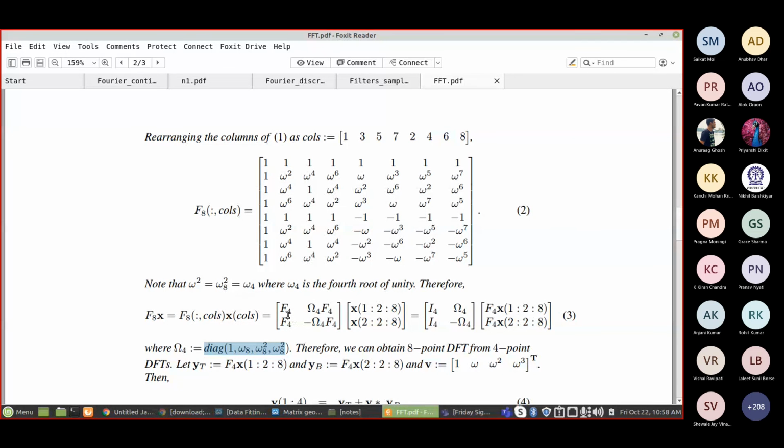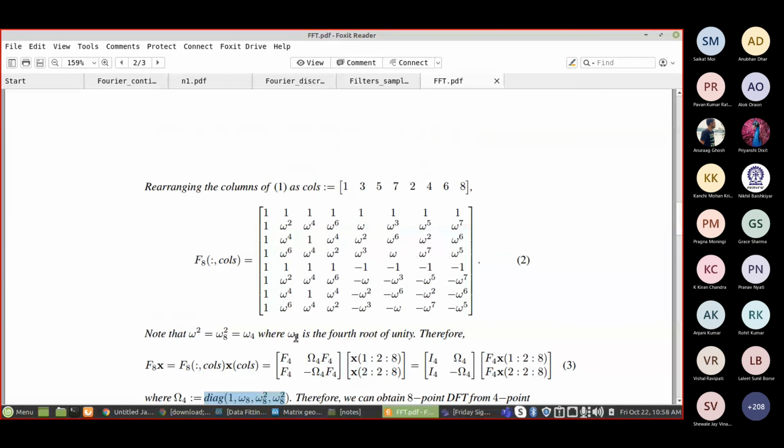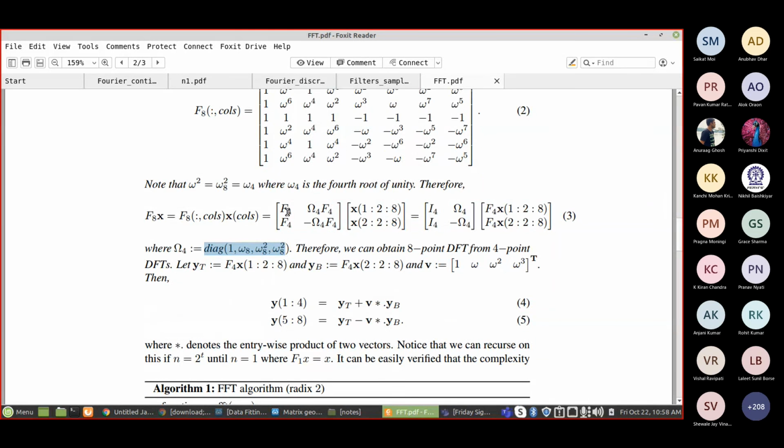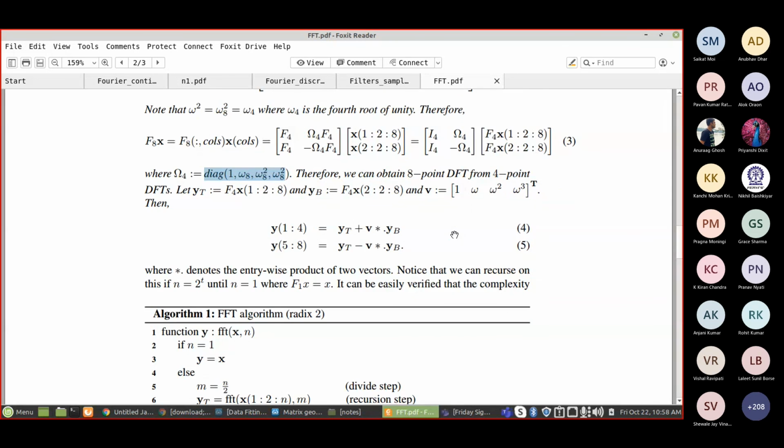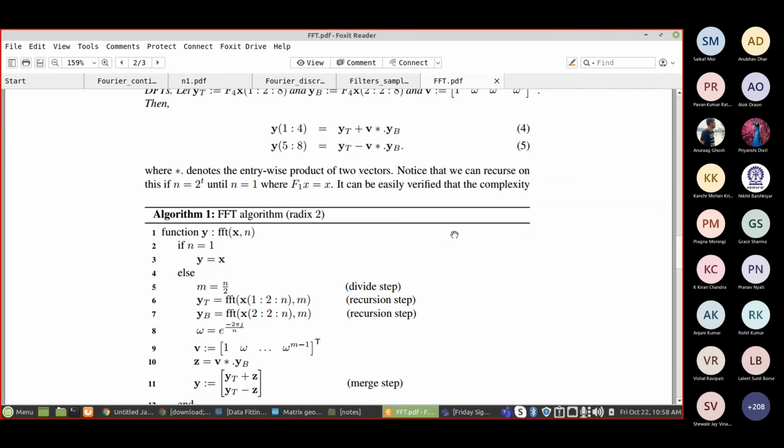So this is the trick of exploiting the structure, and now you can do this recursively. F4 similarly you can split into F2, and like that. I will explain this if we have time later on.